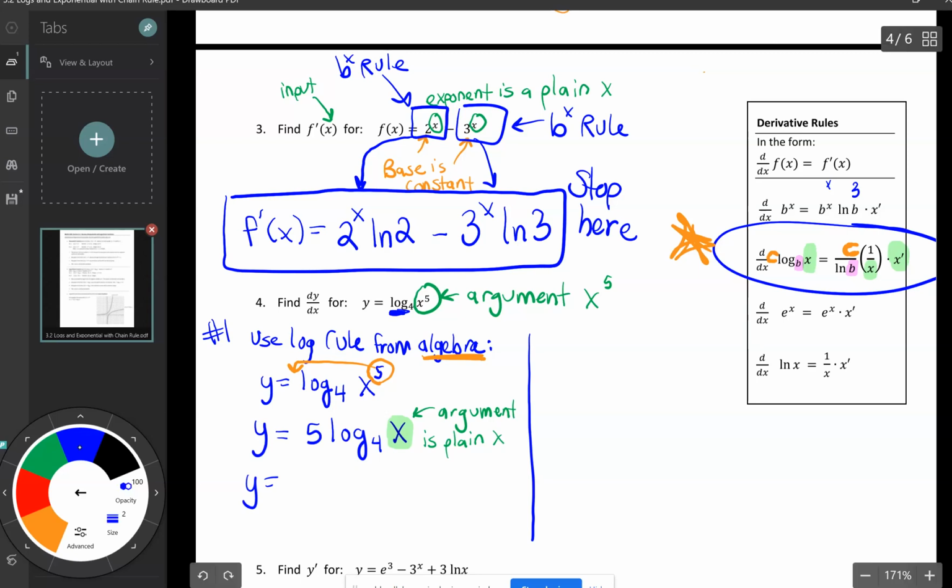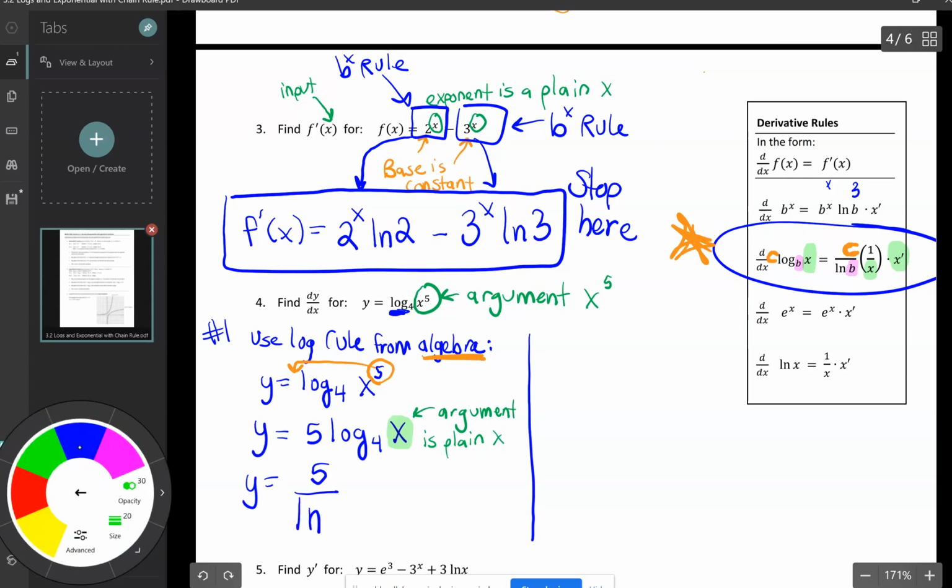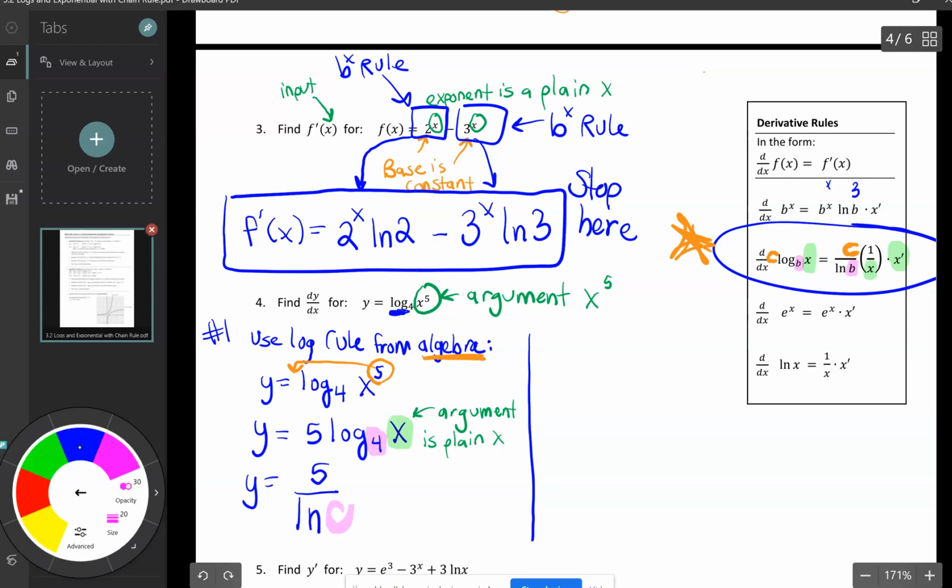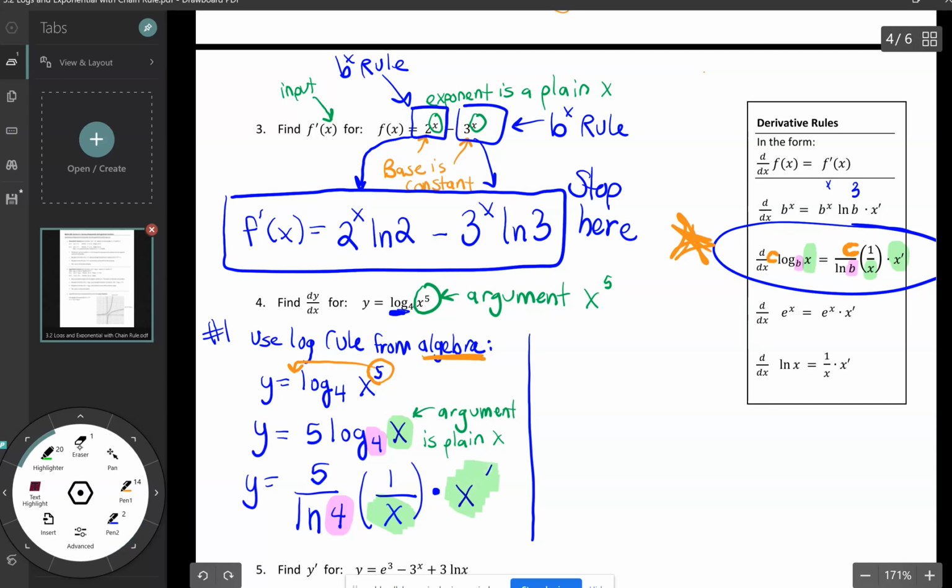So technically here, my rule says I'm going to do my constant over the natural log of the base. The base is 4, so natural log of 4. And then 1 over the argument. The argument is a plain x, so it just ends up 1 over plain x, times the derivative of the argument. But my argument is a plain x, so the derivative of a plain x is just 1, so we don't need to put it there.